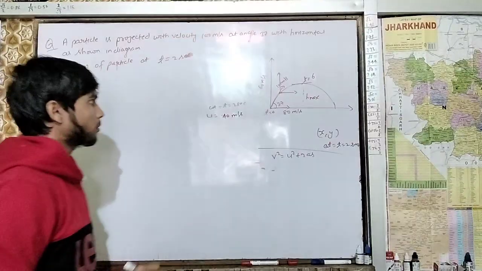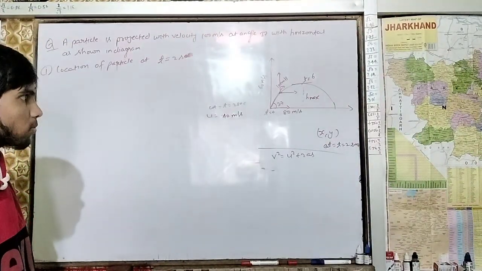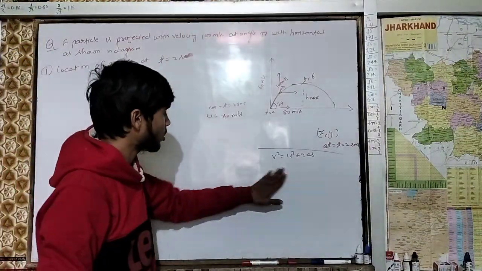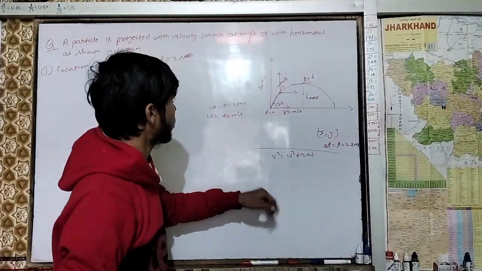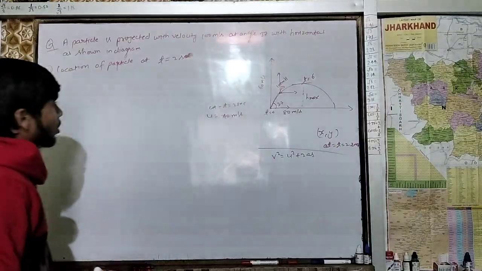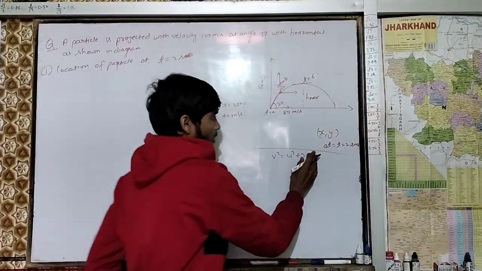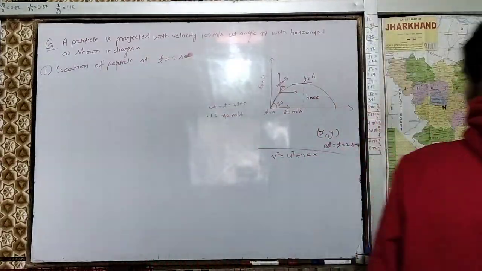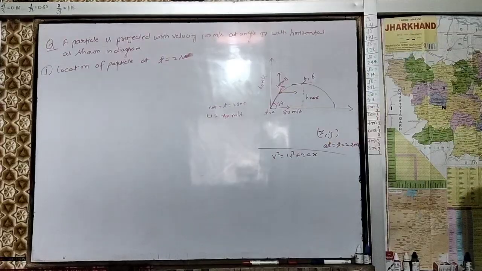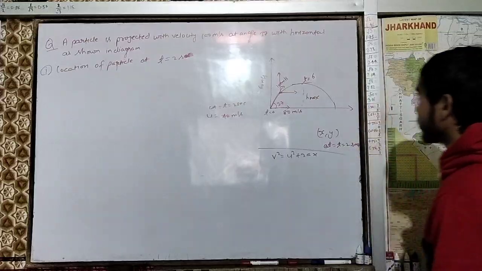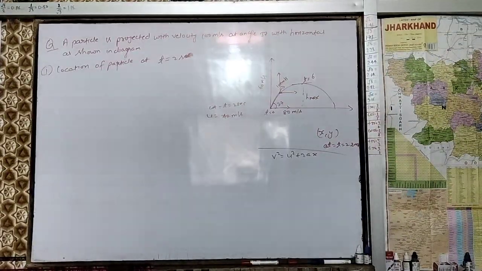At 2 second, it became 40 meter per second. Location means this x. V is our final velocity and u is the initial velocity. So initial velocity was 100 and final is 40.